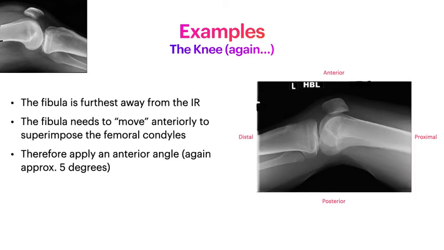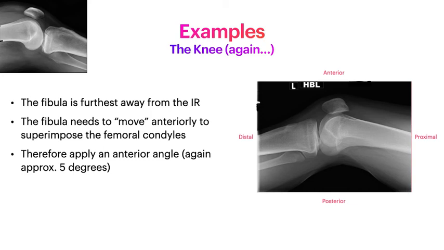The knee again, but this time we've kind of gone too far the other way, haven't we? We can see too much of the fibula head, we can see the tibio-fibular joint space, and again, the femoral condyles aren't quite superimposed. So, medial side is where the image receptor is, and the fibula is furthest away.